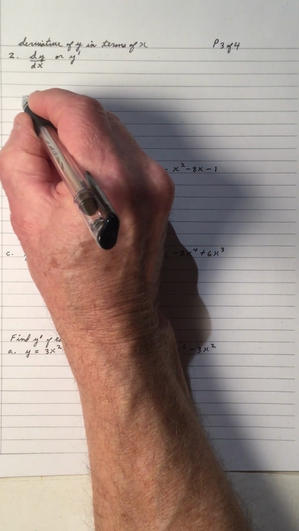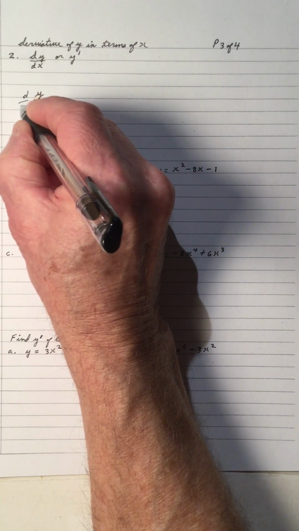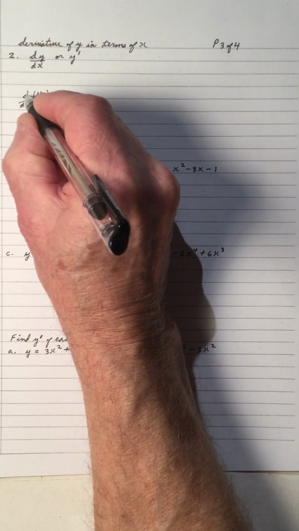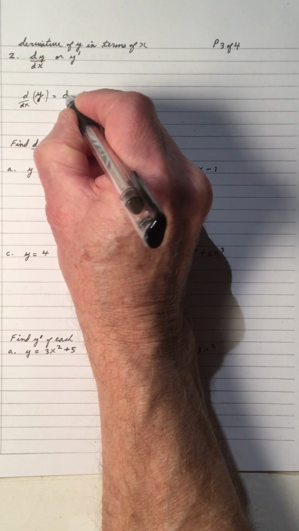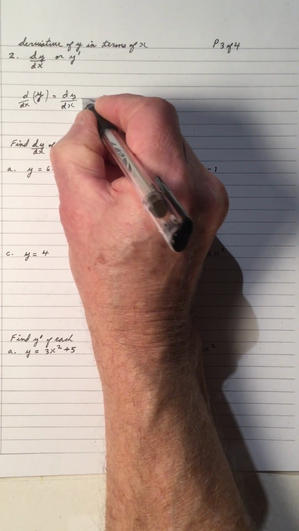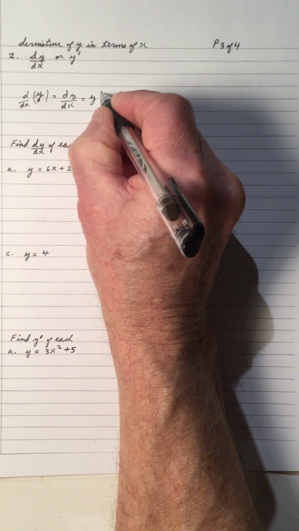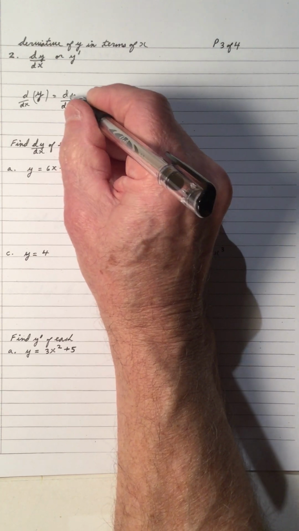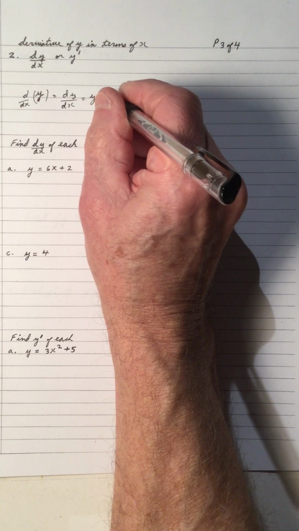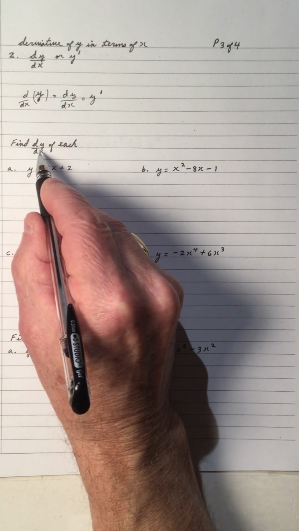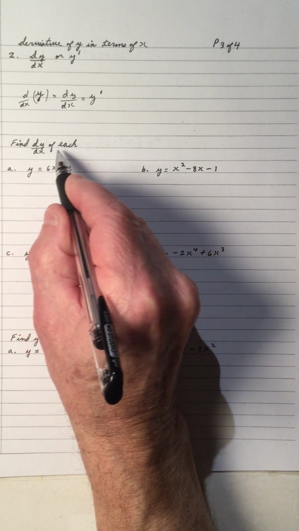So when I do d of y, it's dy over dx, which is also denoted as y prime. So dy over dx is the derivative of y in terms of x, or it's the same as y prime. So find dy over dx of each.